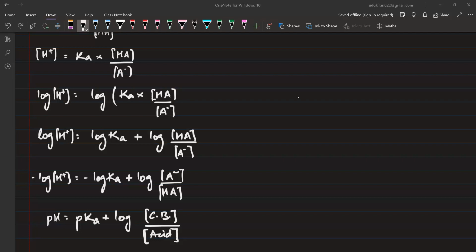This equation is also known as the Henderson-Hasselbalch equation. Copy this down and raise your hand once you're done.